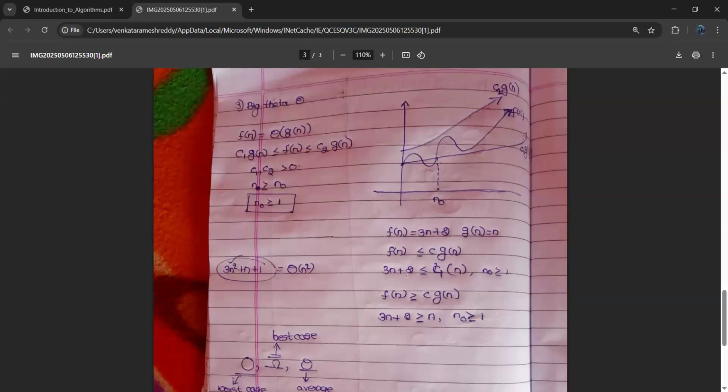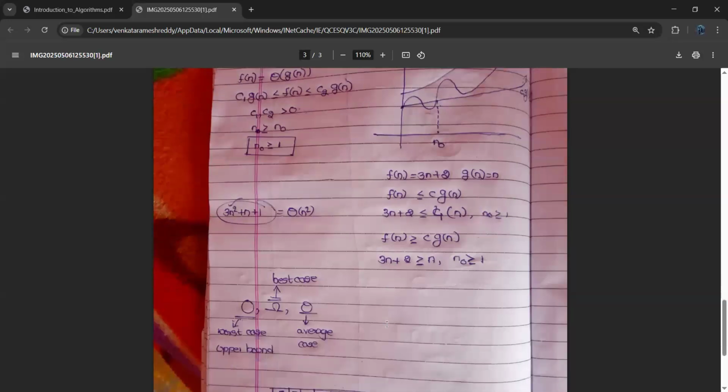If we substitute the value, it will satisfy the condition. And also f of n is greater than or equal to c into g of n. It means 3n plus 2 is greater than or equal to n, where n is greater than or equal to 1. So if we take n values from 1 onwards, these conditions will always be satisfied. So this is what it is saying.